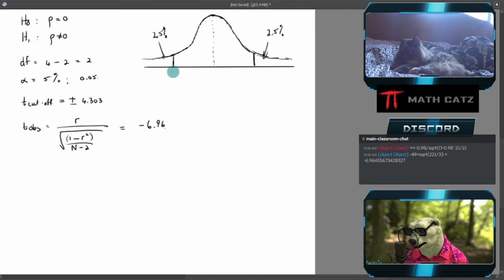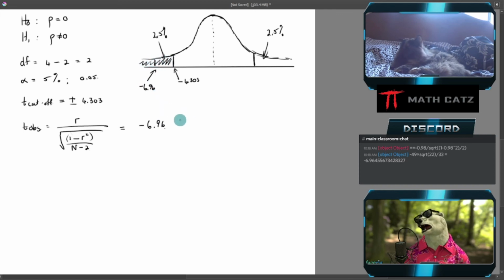So the left cutoff is negative 4.303. This observed correlation coefficient, when we quote-unquote standardize it to a t-score, puts us more extreme at negative 6.96, further away.